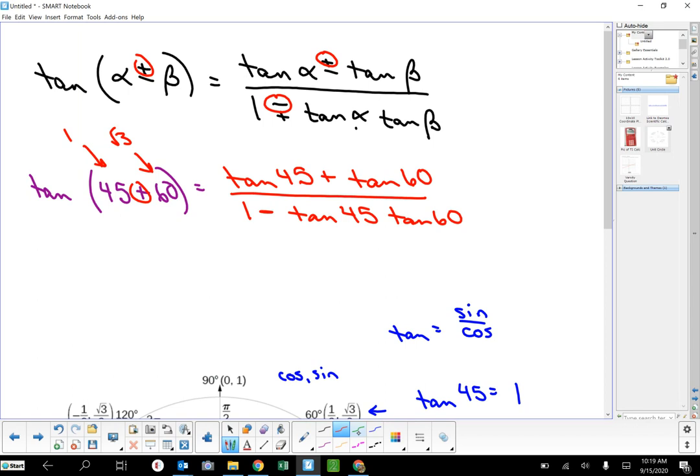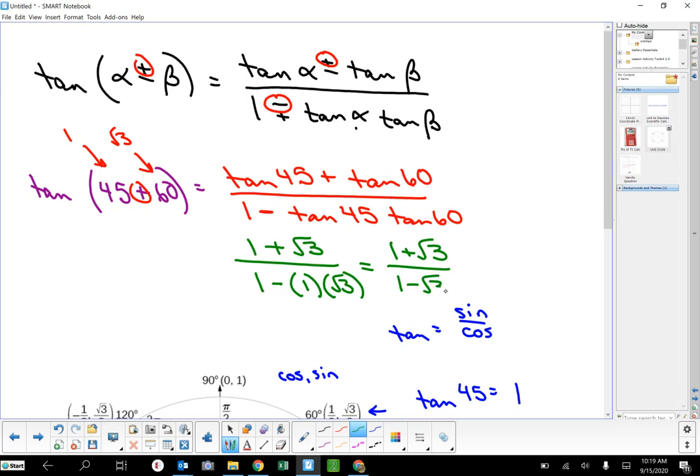So I'll change some colors here. Tangent of 45 is 1 plus radical 3 over 1 minus 1 times radical 3. So we have 1 plus rad 3 and then 1 minus rad 3. And that would be your answer to that guy. All right, so that's an example of how you're going to use those things.